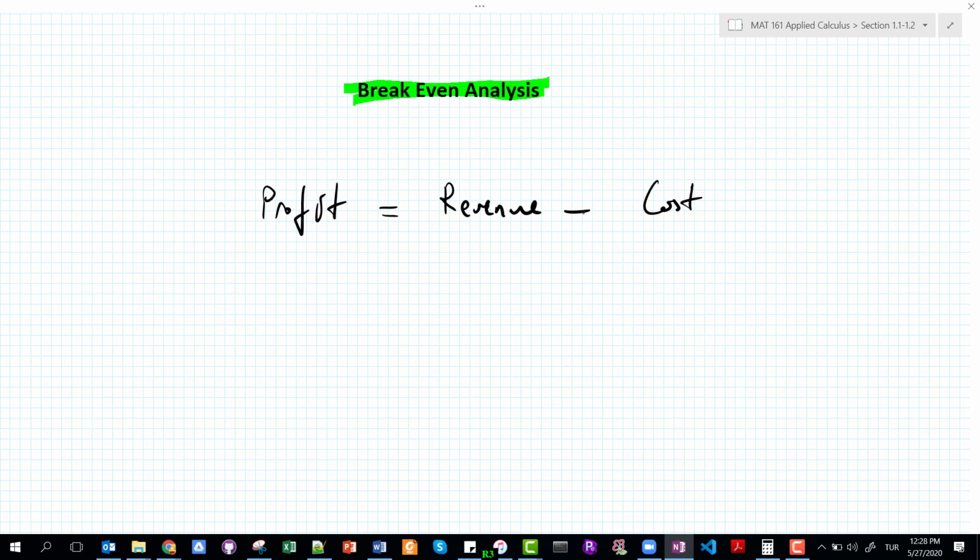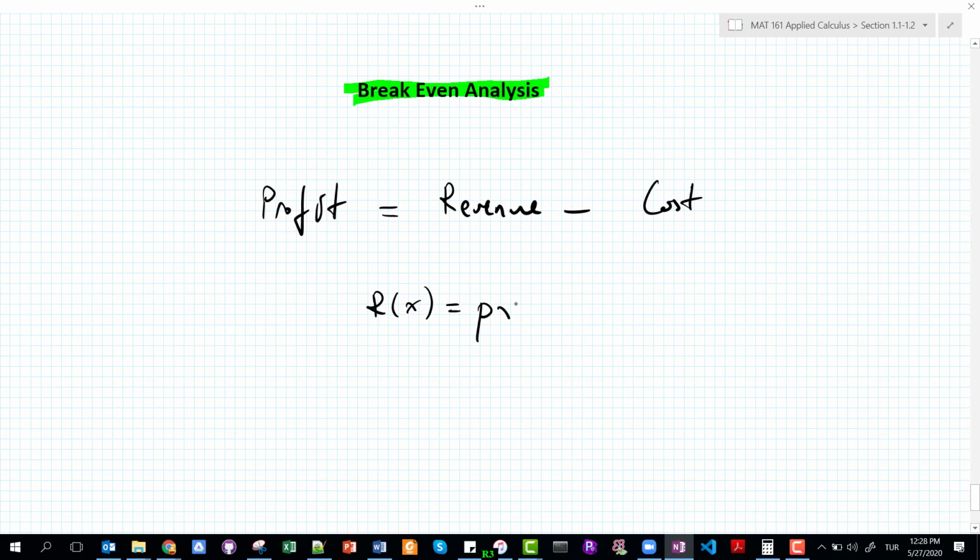The formula is so easy. But to do that, look at the revenue. First of all, I need to find out my revenue. Revenue can be calculated by this formula: since you sell some amount of goods, you just multiply by the price of the goods to get the revenue.